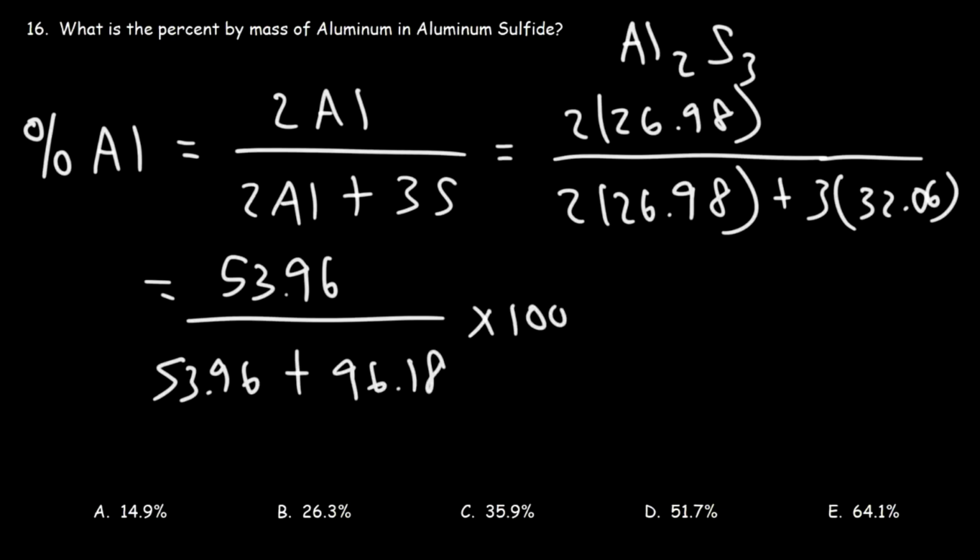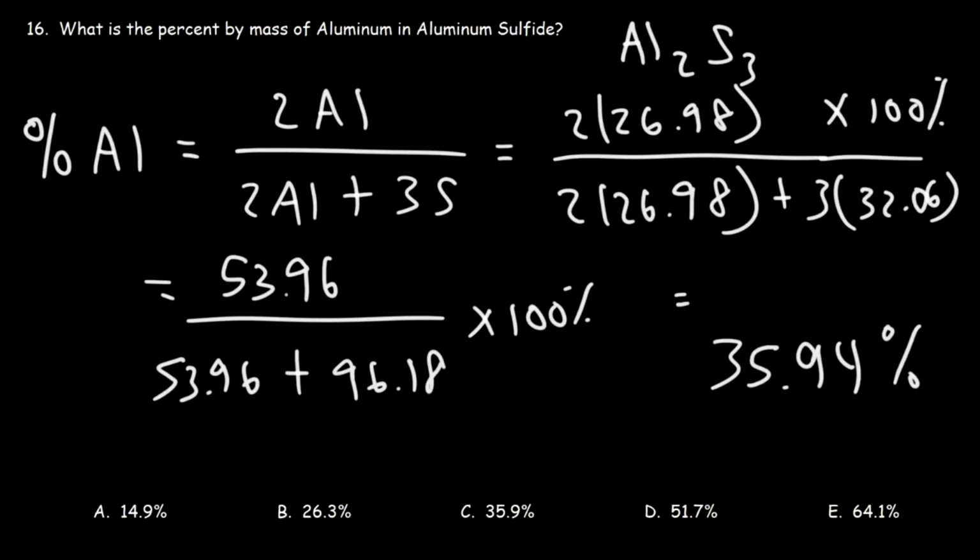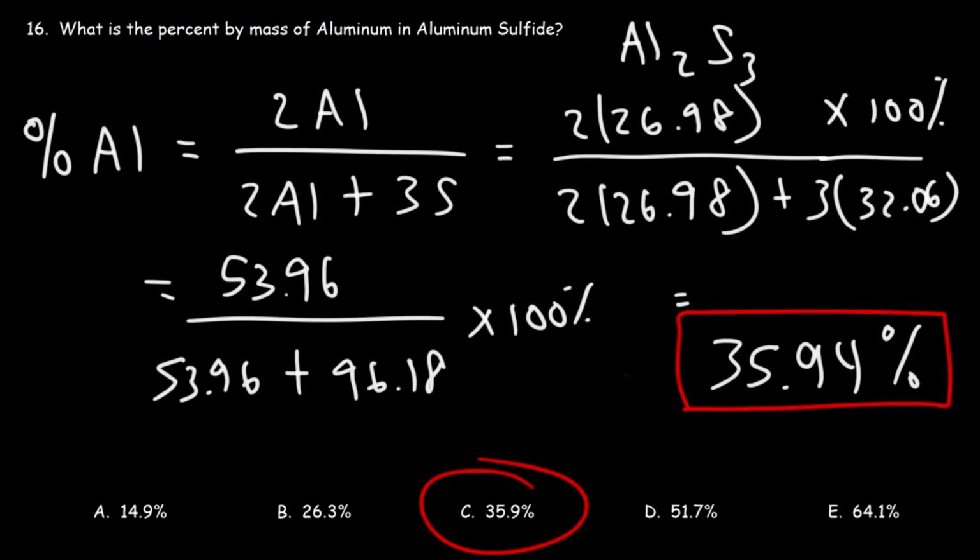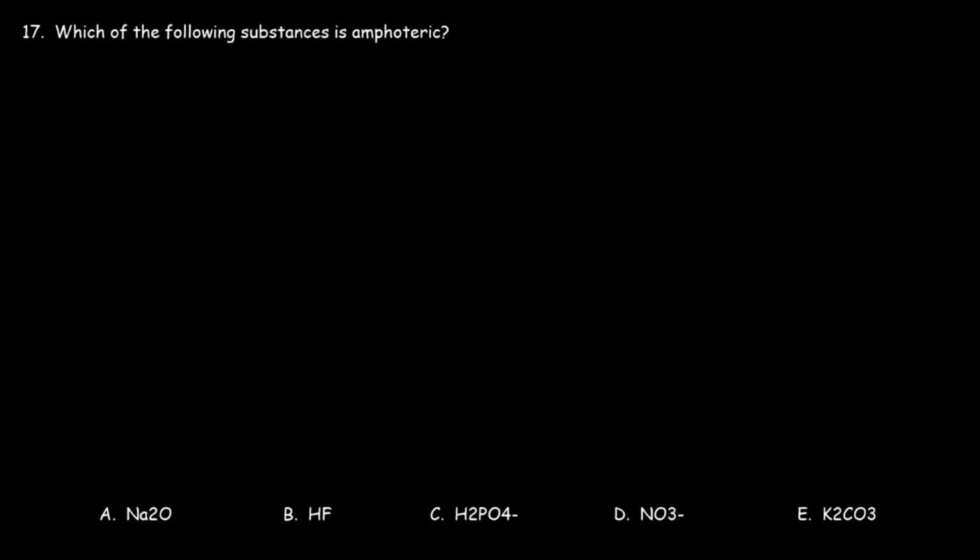And let's not forget to multiply everything by 100%. So you should get 35.94% as your final answer. So this is the mass percent of aluminum in aluminum sulfide.